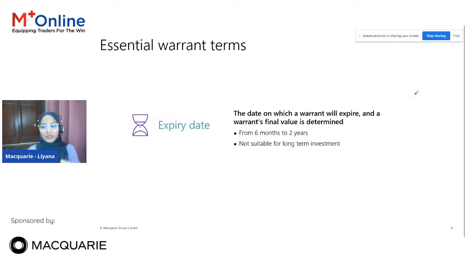So maksudnya dekat sini saya nak tekankan adalah warrants tak sesuai untuk long term investment. Dia bukan macam kalau you beli unit trust ke ataupun you beli PRS ke ataupun you beli gold ke, that's for longer term investment. But so this structured warrants ni dia adalah salah satu instrumen untuk investors yang nak trade dalam masa singkat, short term to medium term.